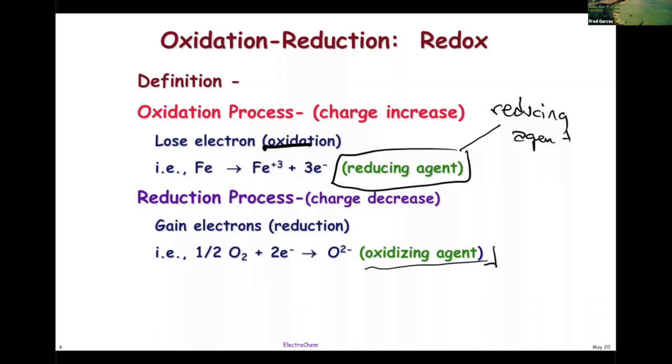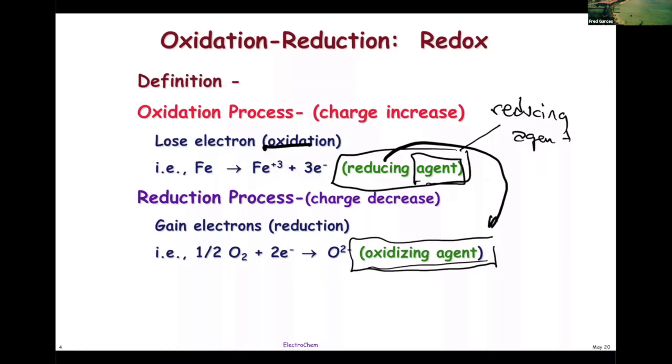And just to clear it in your head, because I could tell right now that you're probably thinking in opposite. When you think of an agent, think of an agent like a secret agent. A secret agent is an agent responsible for secrets. A reducing agent is the chemical responsible for the reduction of its partner.